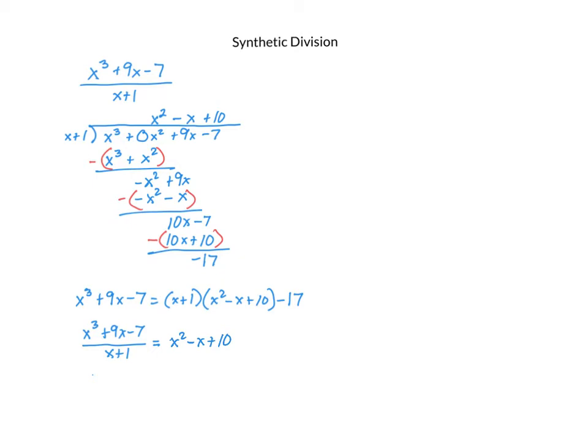And make sure we put a plus right here, negative 17 over x plus 1. And of course, instead of a plus negative 17 over x plus 1, we could have just written it minus 17 over x plus 1. Either way. But now we're going to move to synthetic division.